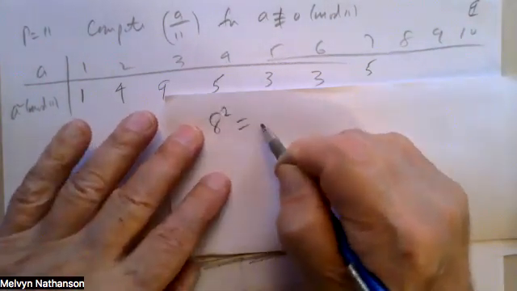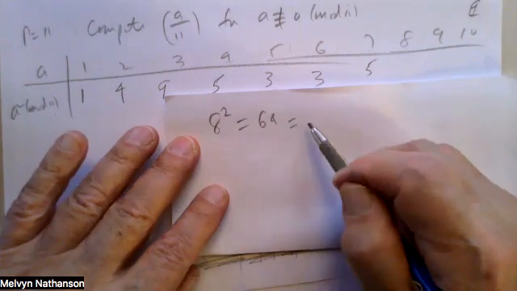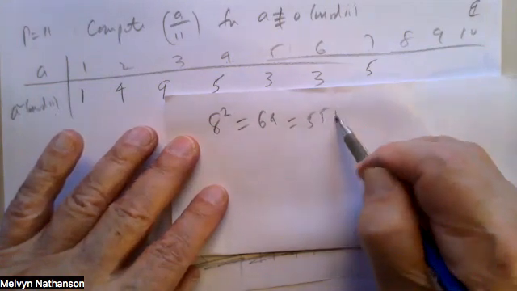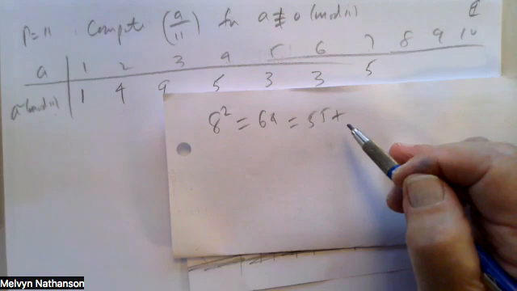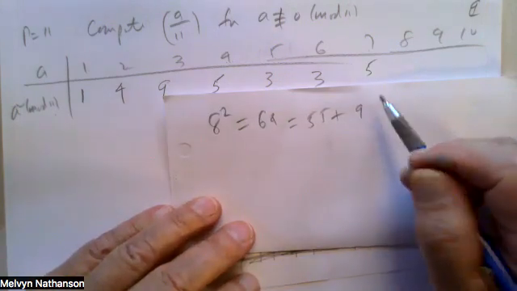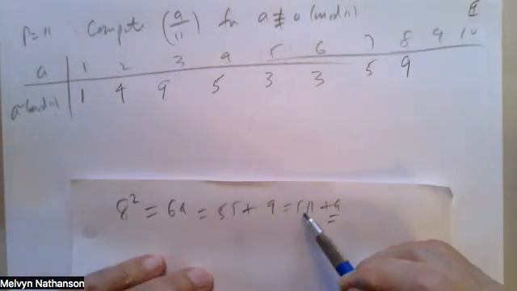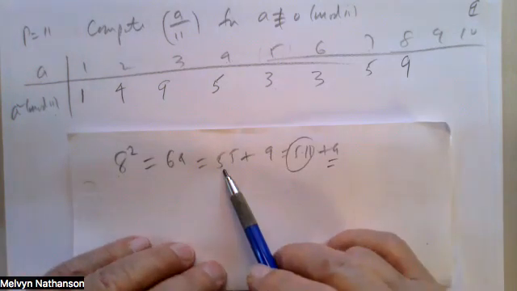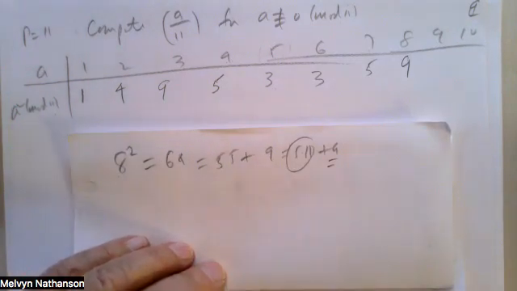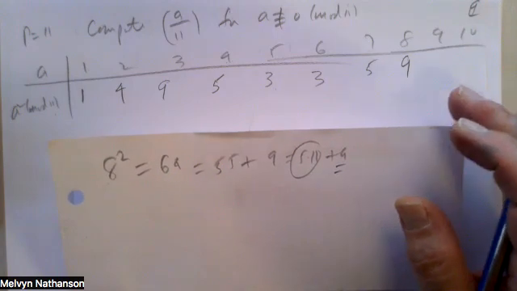Eight squared is 64, which is 55 plus 9, which is 5 times 11 plus 9. So 8 squared is going to be congruent to 9. Wait, why did you do 55? Because it's 5 times 11. No, it's not the last number.